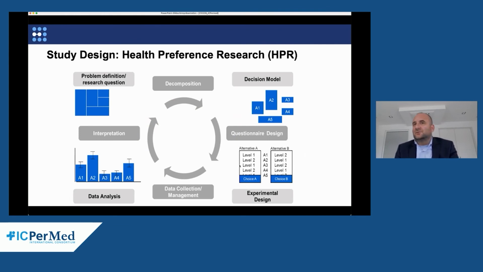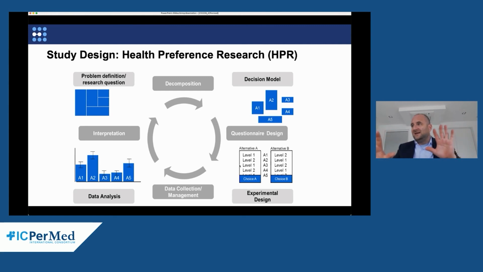Second, health preference research, which is younger. It's a discipline growing over the last 20, 25 years. Started out in different other disciplines than health economics or health services research. But for the last 15, 20 years, it's extensively being researched and used. And it's pretty much about decomposing a decision problem, setting up decision models where patients can choose between different alternatives.